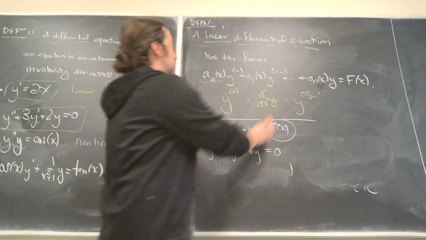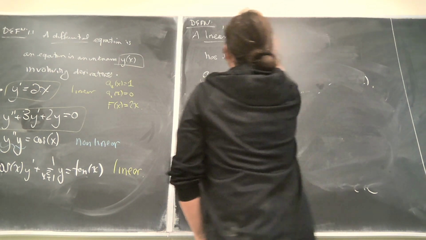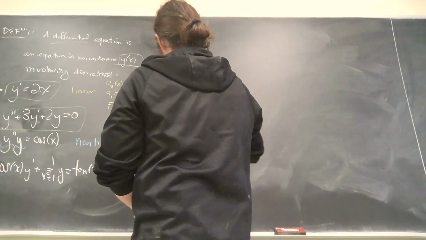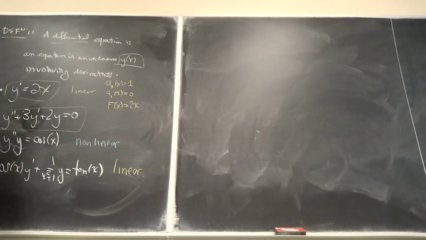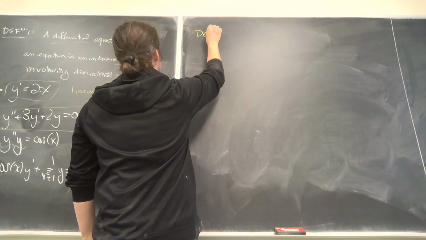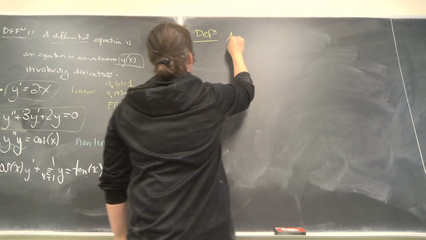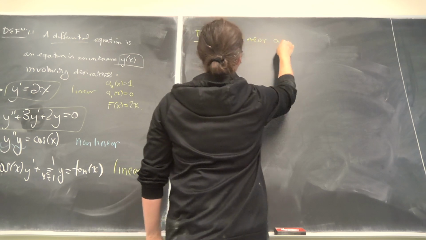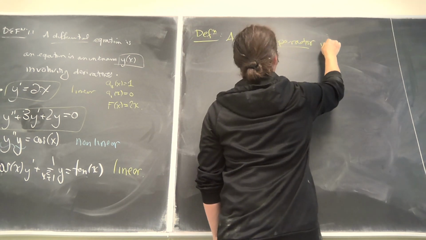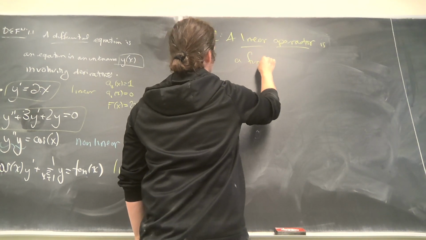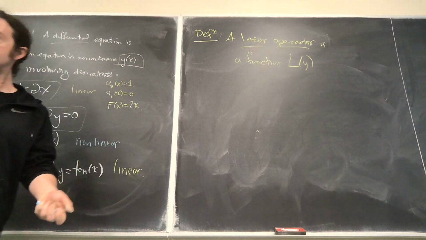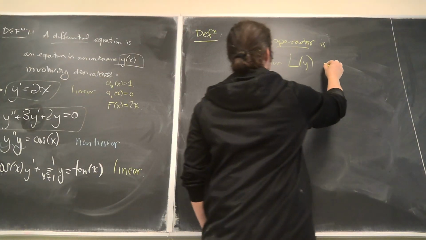I want to point out, I'm just seeding the future here a little bit, that another way to think about linearity is like this. So here's a definition. A linear operator, there's a fancy word, is a function L of y, so it eats functions, that satisfies the following.